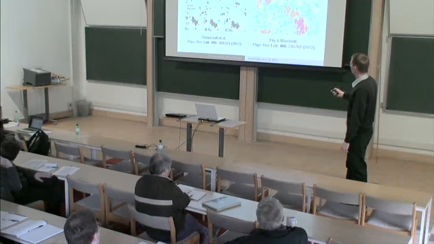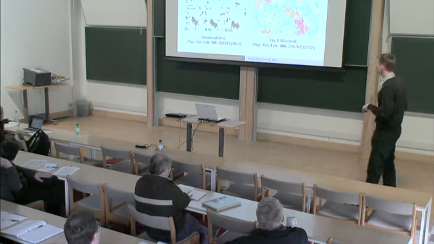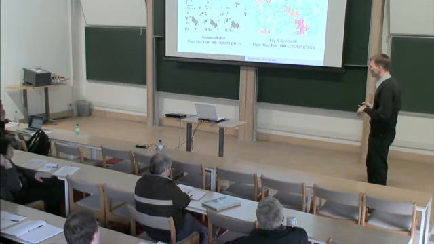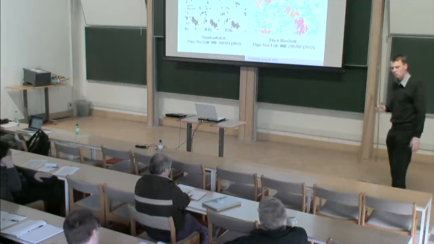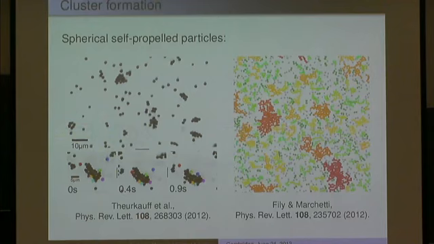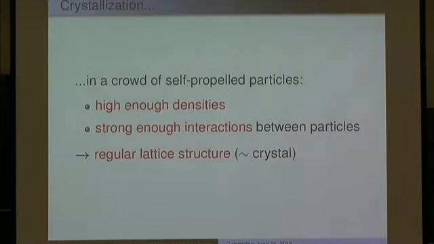Such systems were further studied in bigger systems recently in the Bechinger group in Stuttgart, and also numerically in our group. And what comes out when you look in the center of these structures is that they can be quite regularly arranged, really a hexagonal structure. And that's why we think that crystallization in these self-propelled particle systems is certainly conceivable.